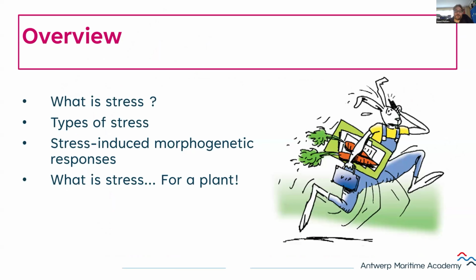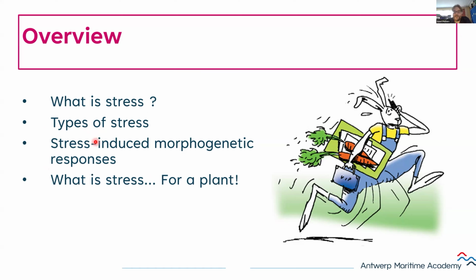So I will first bring you up to speed with what is stress. I think you all know what stress is from an empirical way of life. We all have stress. I will then talk about what types of stress there are for plants. And I will then look at what will probably interest you, I hope. That is a set of observations that my colleague Marcel Janssen, at University College Cork, and I did 15 years ago, or even 20 years ago, where we were looking at how plant growth changes because of stress.